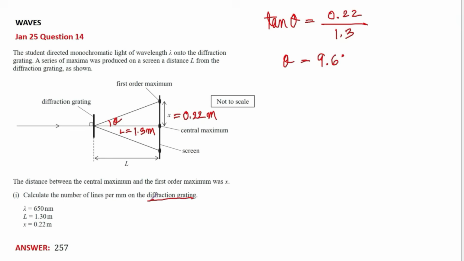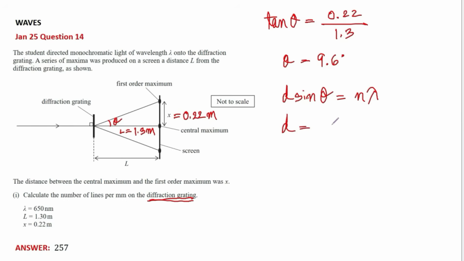So guys, diffraction grating calculation questions are always associated with this equation, d sine theta equals n lambda. Like I said, unit 2 heavily depended on equations. So d sine theta will be equal to n lambda. So this d is linked with lines per millimeter, right? So let's plug in the values.